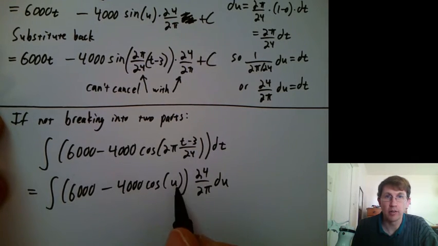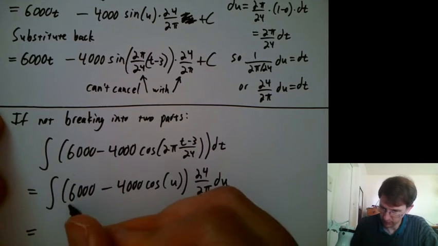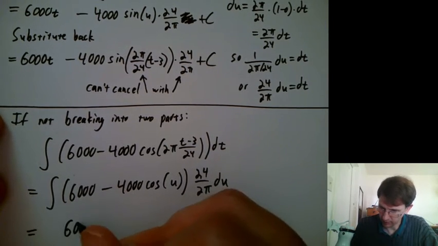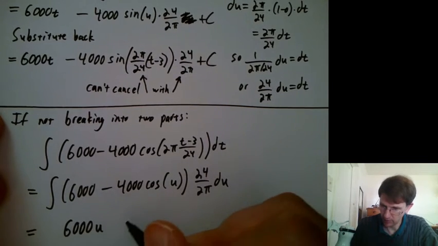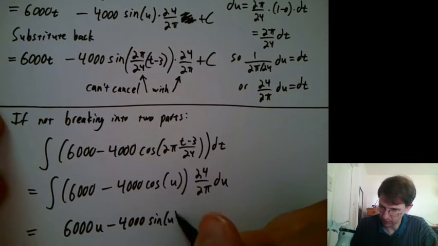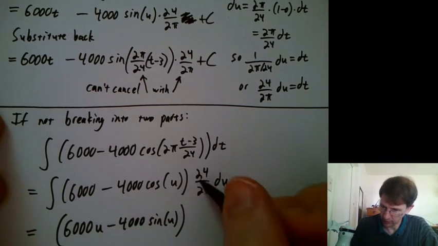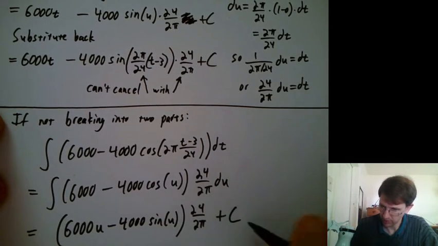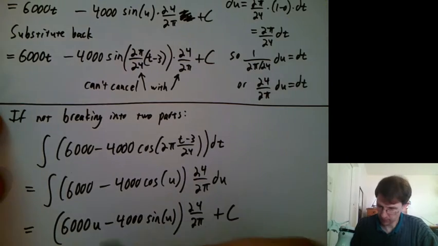Well, we can take the integral of this. So the integral of 6,000 du is 6,000 u. The integral of 4,000 cosine u is 4,000 sine u. All that in parentheses, copy the 24 over 2 pi. And now substitute back.